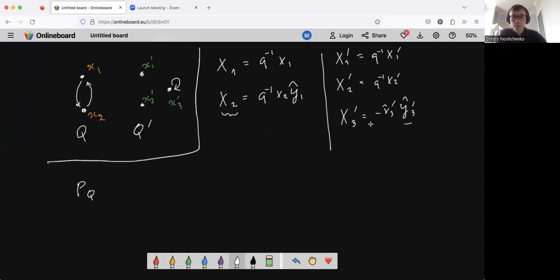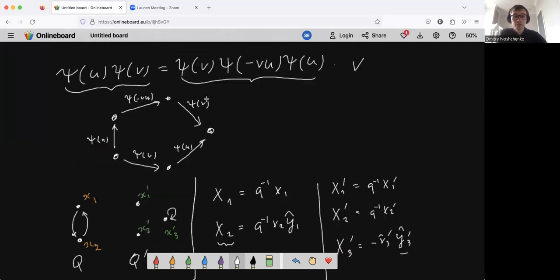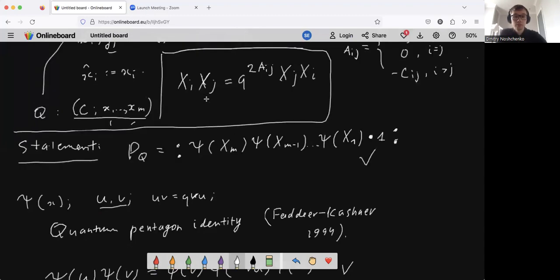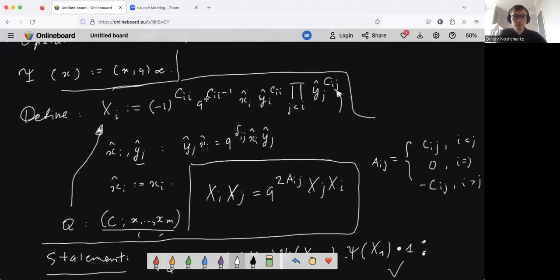Sign, you mean this one? Yes, this sign, because here the number of loops is odd. I can just go up here. We have here minus one to the power of the number of loops. So this sign appears.